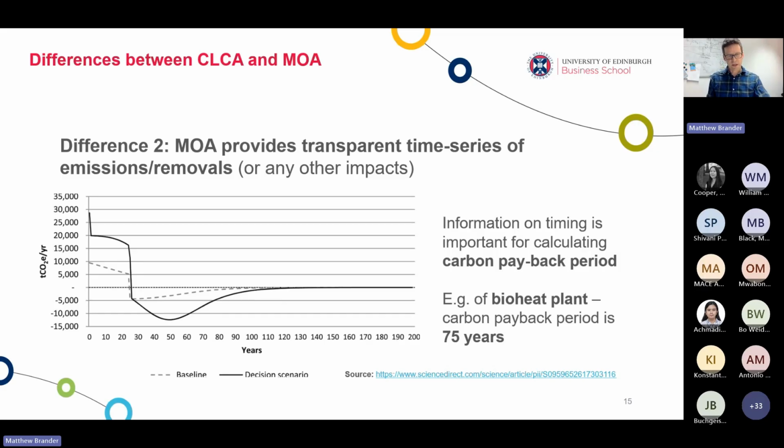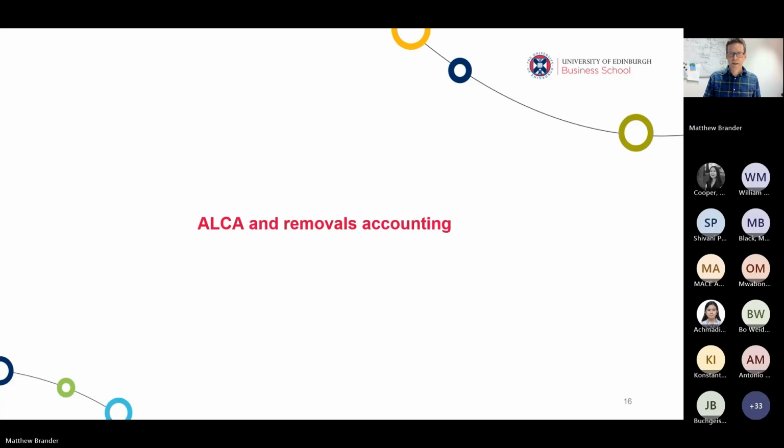So if you have something like a decarbonizing grid and you're looking at the use phase of a long-lived product like an EV, if you have this structure, then you can apply time-specific, year-specific marginal emissions factors over the lifetime of the product. So that's a second key difference between MOA and consequential LCA.